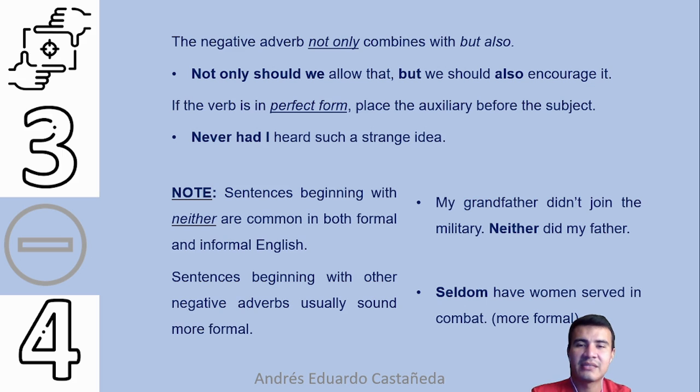But sentences beginning with other negative adverbs usually sound more formal. For example, "Seldom have women served in combat." This is a more formal way to say it, a sentence beginning with a negative adverb.